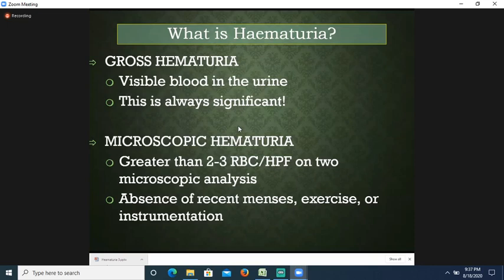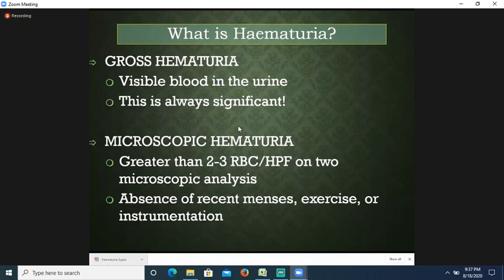In female cases, if there are no menses or exercise, or somebody hasn't been to a urologist for urethral instrumentation like catheterization or TURP, which is transurethral resection of the prostate for an enlarged prostate, or some dilatation for stricture reasons, if there is no previous surgical instrumentation, or in a female case no recent menses, then the urine should not contain more than 1 or 2 RBCs on a high power magnification of the microscope.